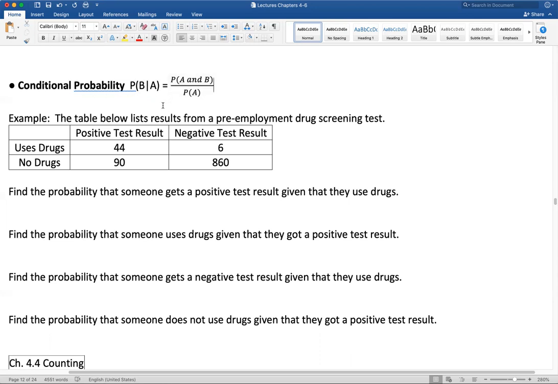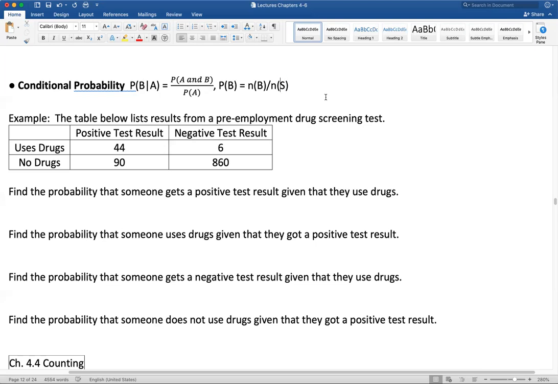Okay, so what is the meaning of this? Normally, when you calculate probability, we use classical probability. So when you calculate P of B, that is equal to the number of outcomes in event B divided by the number of outcomes in sample space S, right?